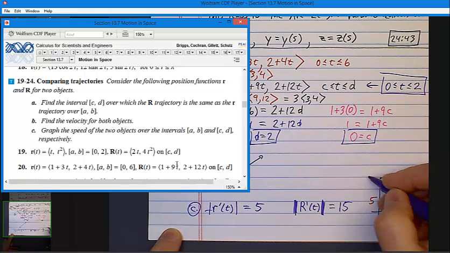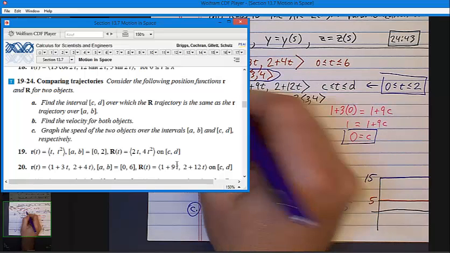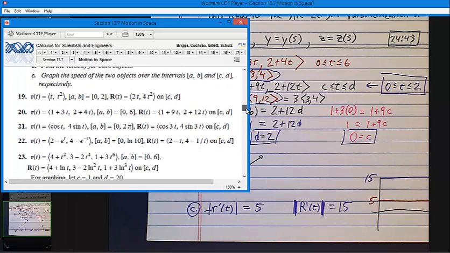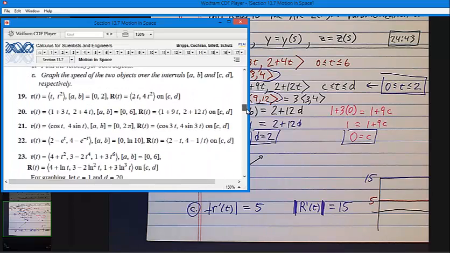So what I imagine happens is that usually when you compute part B for the other problems, you don't get a constant, because the functions aren't linear. Plenty of problems here, the functions are not linear. 20 just happens to be linear. Okay?